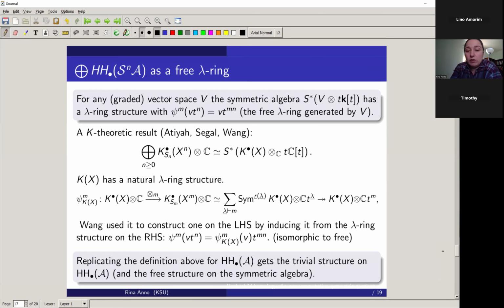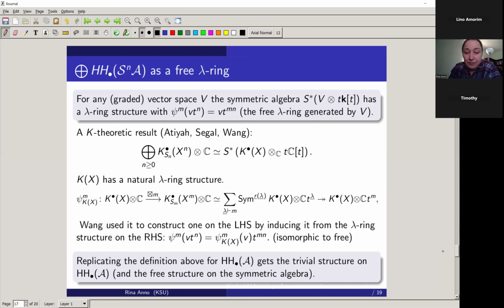So they establish an equivalence of lambda rings, but the lambda ring structure that they have on the right-hand side relies on the lambda ring structure on the topological K-theory of X.